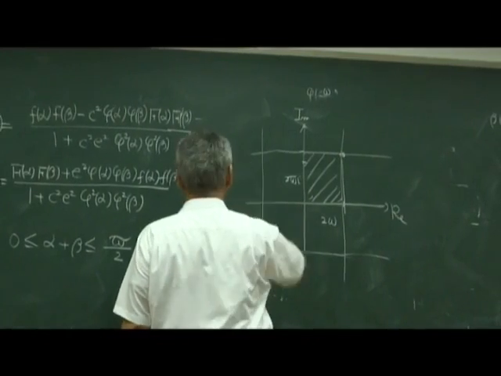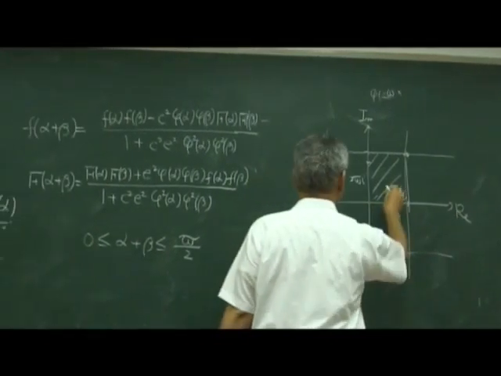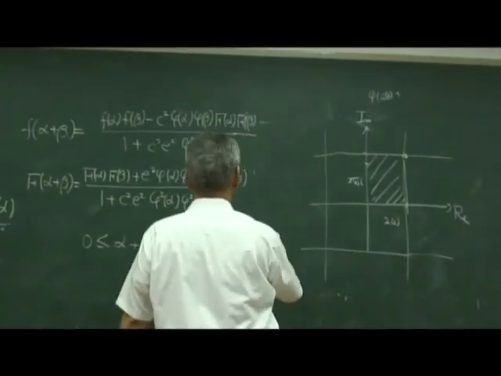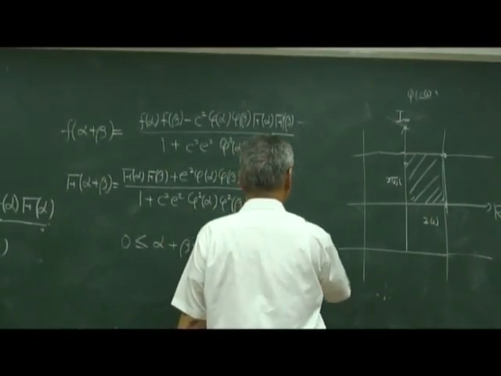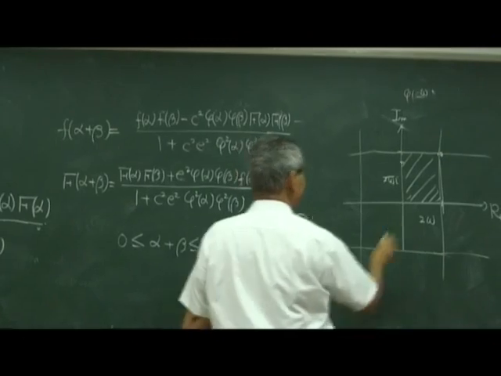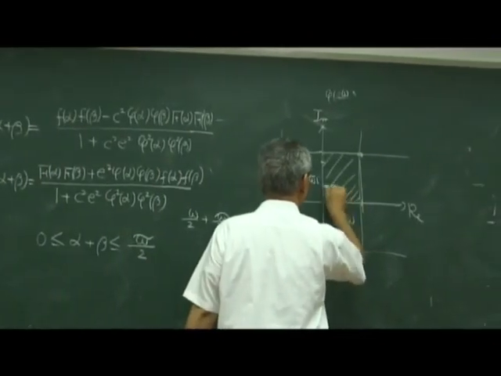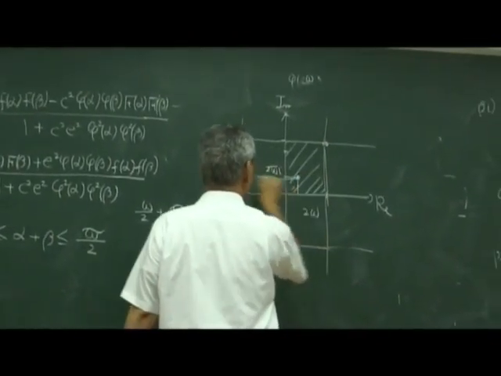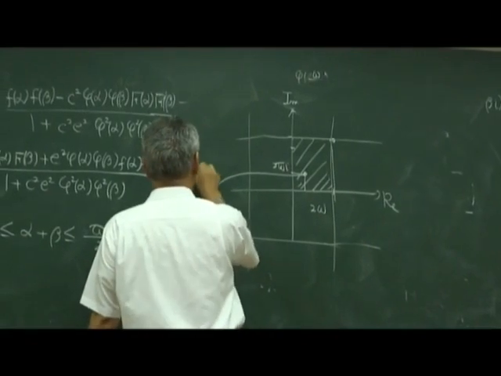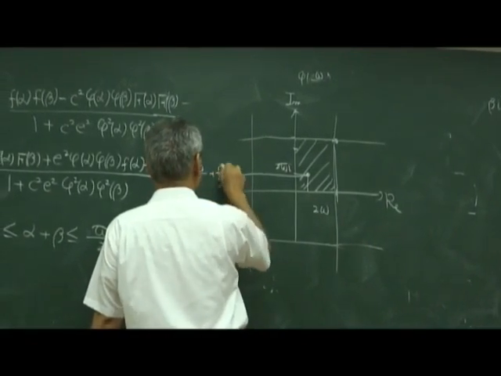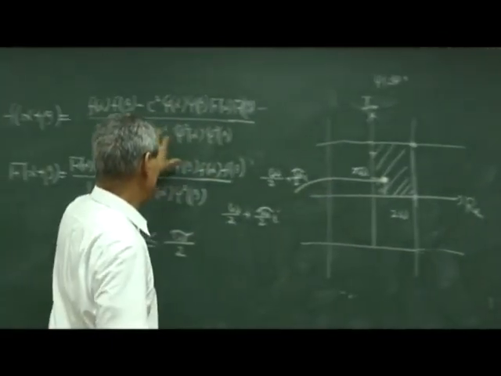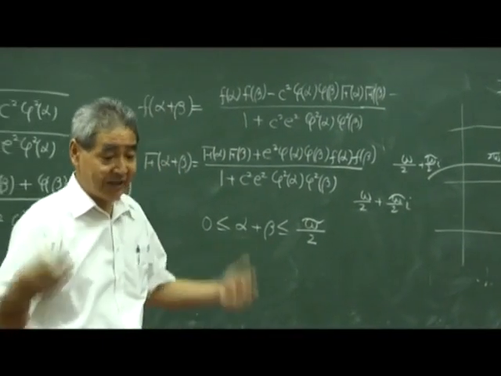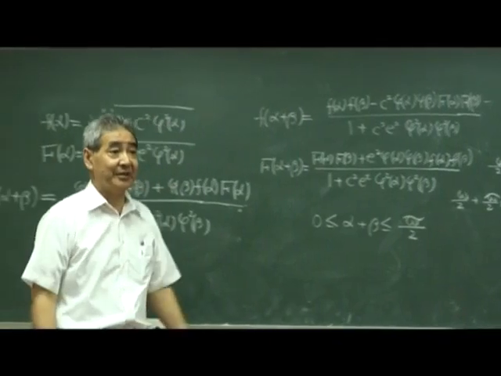It becomes infinite when alpha 2 omega plus 2 omega to the I. So there's somewhere this point. There, the denominator becomes 0, so it becomes infinite.